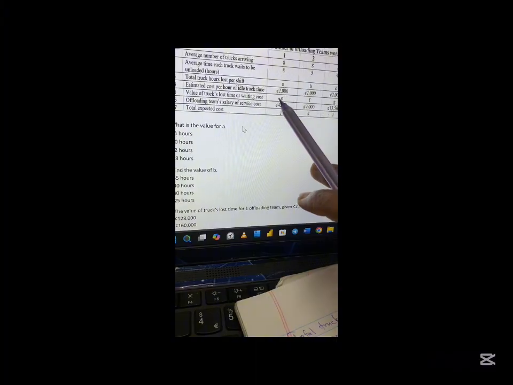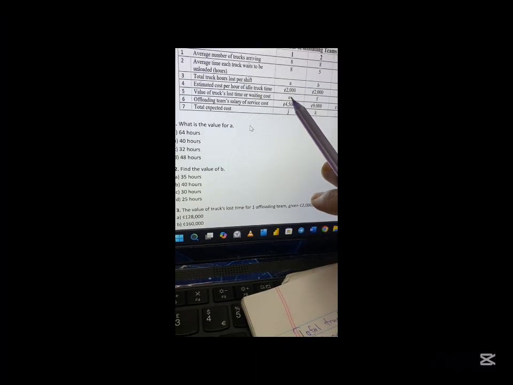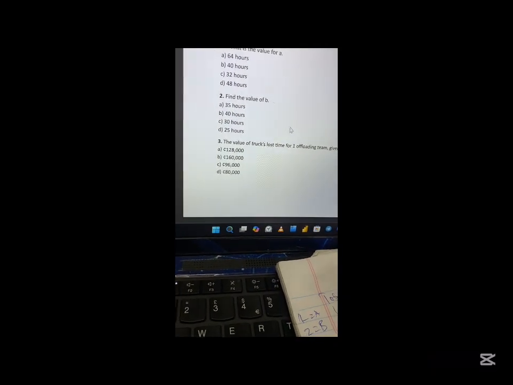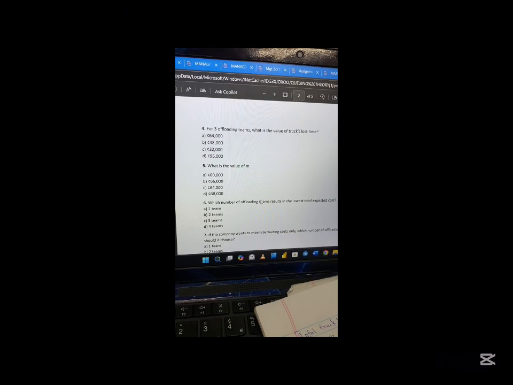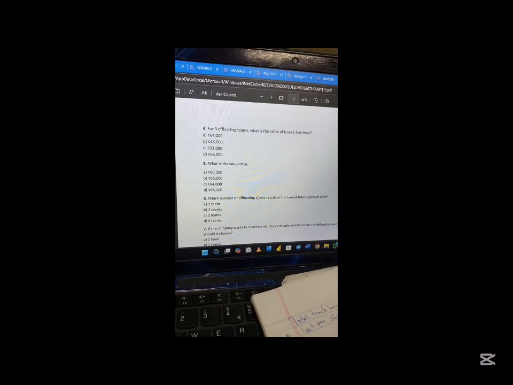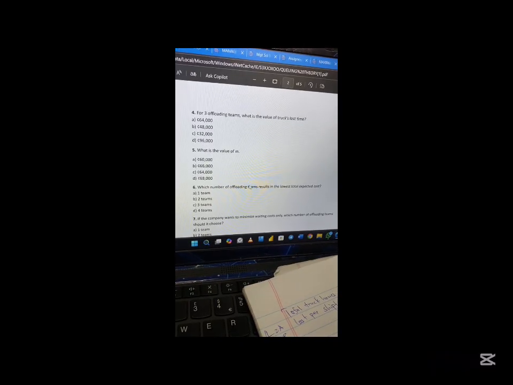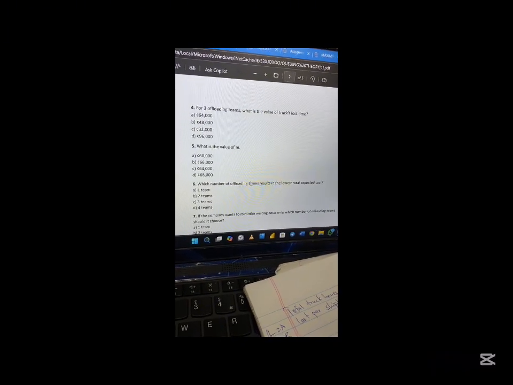That is the value of E. E we calculated already, was 128,000, and 128,000 is option A. So 3 is A. Question 4 says for 3 offloading teams, what is the value of trucks lost time?